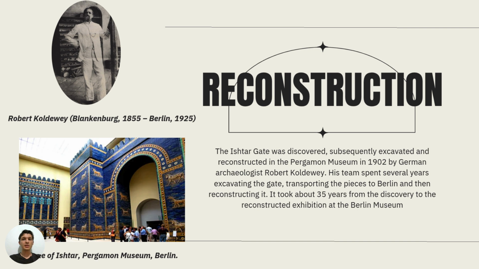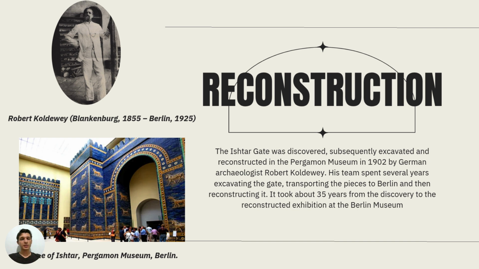During the excavation, many pieces of the gate were transported to a university, and after the death of Robert Koldewey, towards Berlin, where they were carefully reconstructed inside of the Pergamon Museum, where we can see in the bottom image how this gate ended up looking in its former glory days.